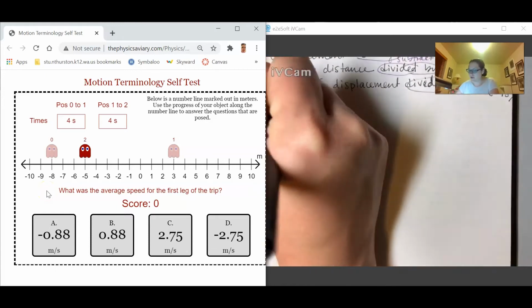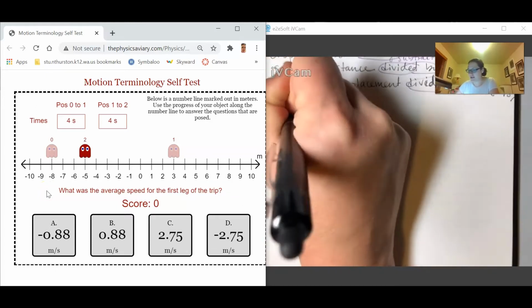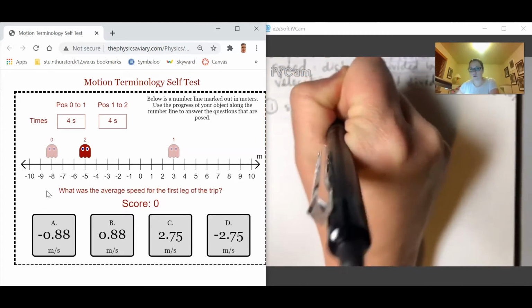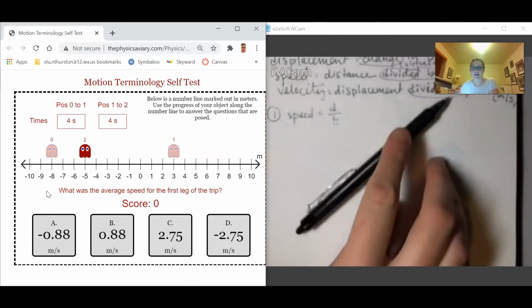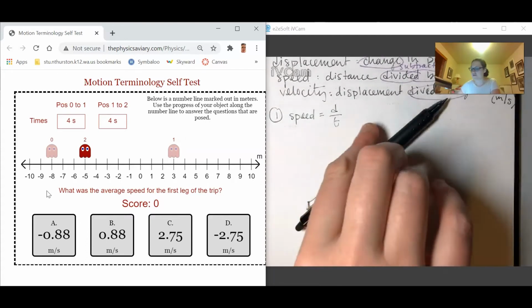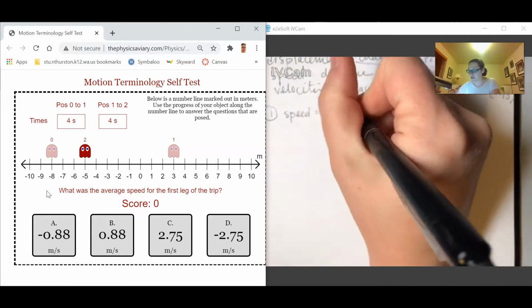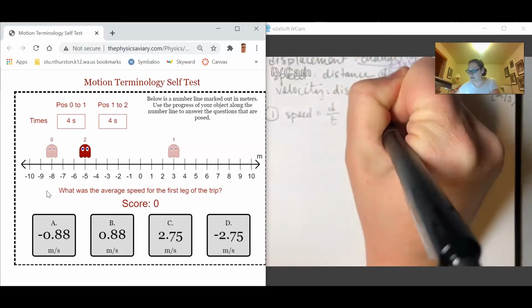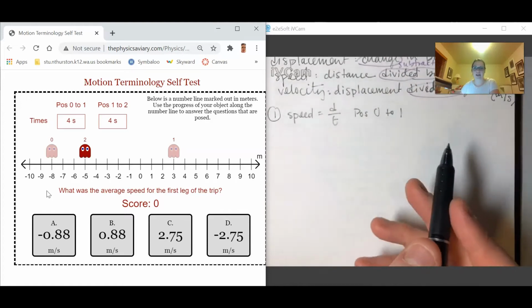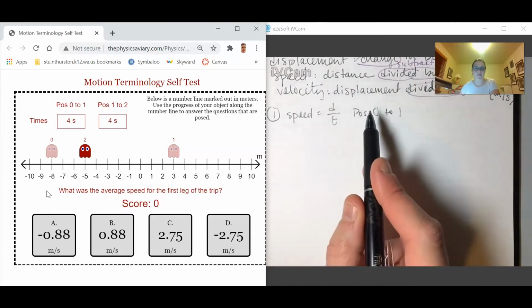Well, I know that speed is going to be distance divided by time. So I'm going to try to figure out what my distance is and what my time is. And it says for the first leg of the trip, so that means from position 0 to position 1. That first leg is what I'm analyzing here.